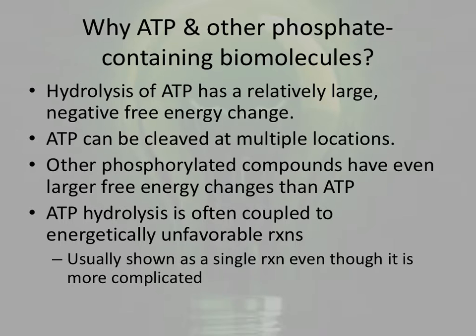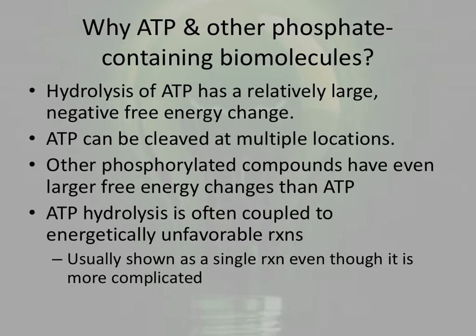So in biochemistry, a lot of times I'll show this as a single reaction, but it's typically more complicated than that. For example, the hexokinase, you're going to first phosphorylate something, the intermediate. Actually, no, that's probably not the best example. Something like a carboxykinase would be a better example. You have to first phosphorylate something to the intermediate.